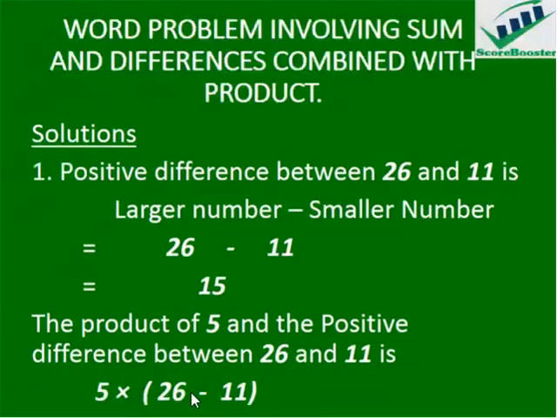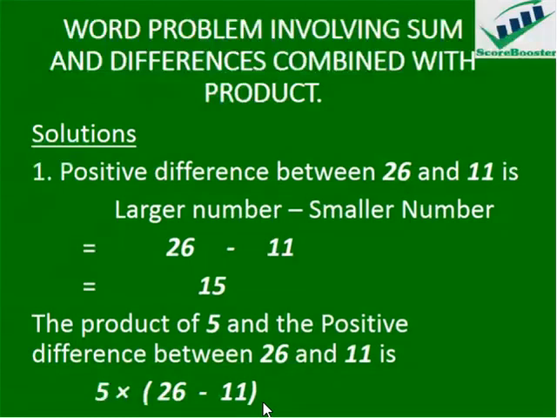The first thing you do when you see a question is you interpret the question, and you make sure you interpret very well. You read the question carefully, you digest it, and then you pick out the important words, then you change it to a numerical expression, and then you solve.